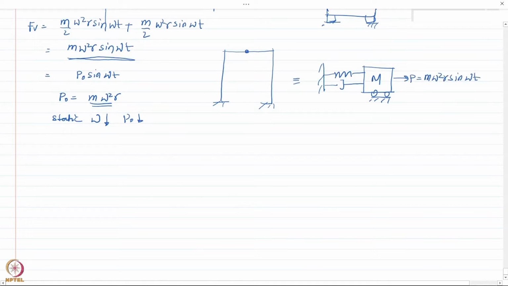Do not confuse between this small m and the capital M. The response that needs to be found out is for the capital M, but the excitation is applied using this small m.